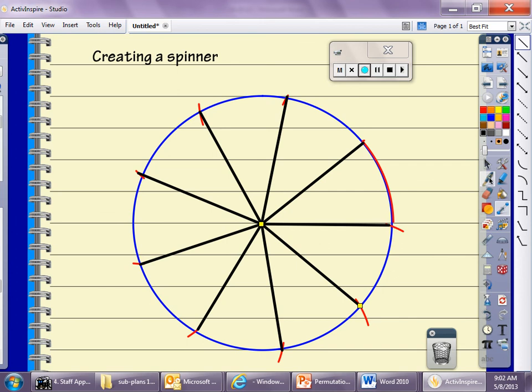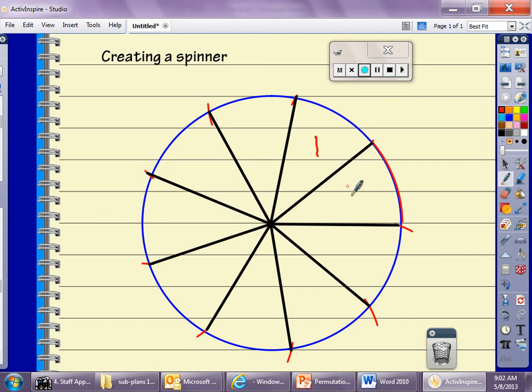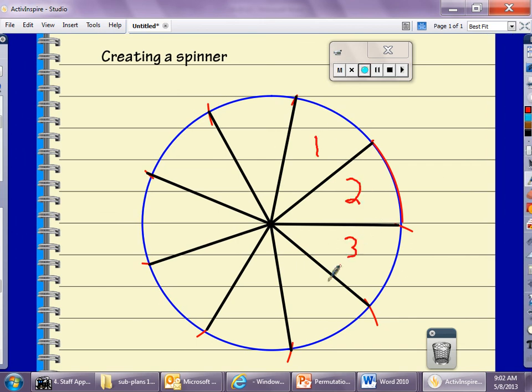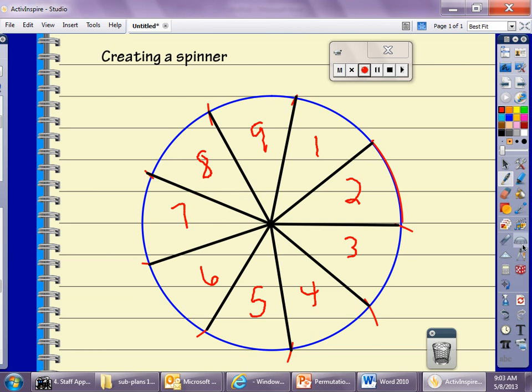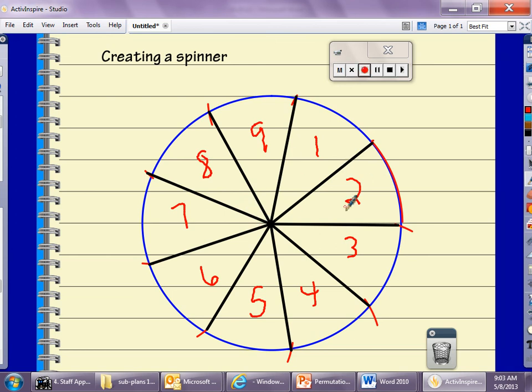And then you just label it any way you want. So 1, 2, 3, 4, 5, 6, 7, 8, 9 equal sections. So that is how you make a spinner, 2 different ways, either by using a protractor and marking every angle, or using a compass and just marking the edges.